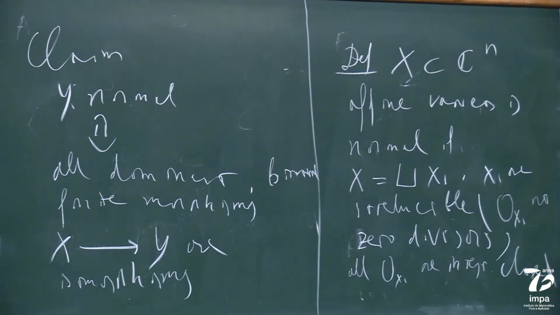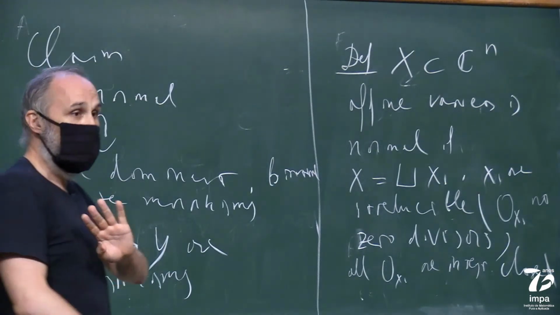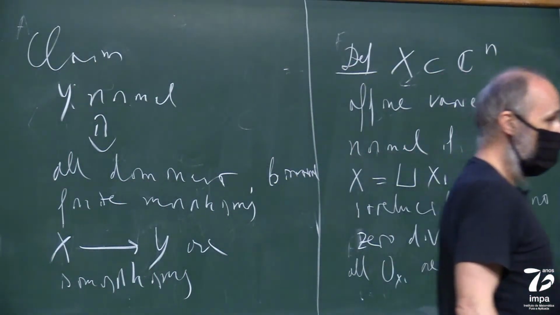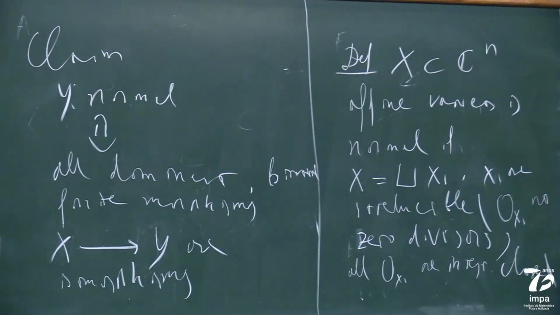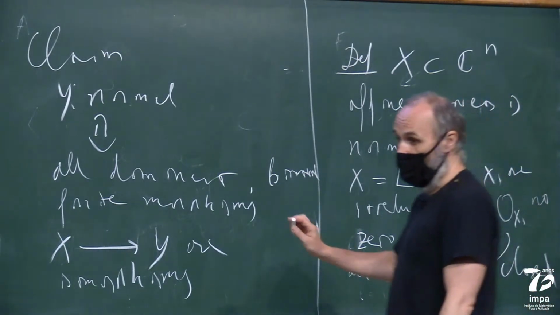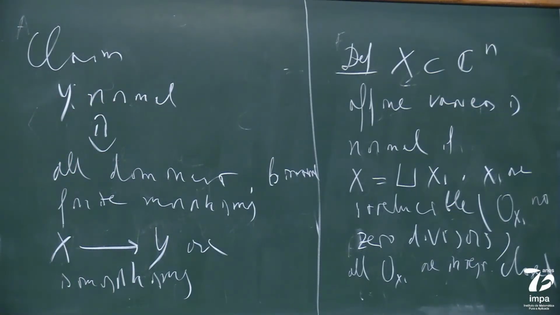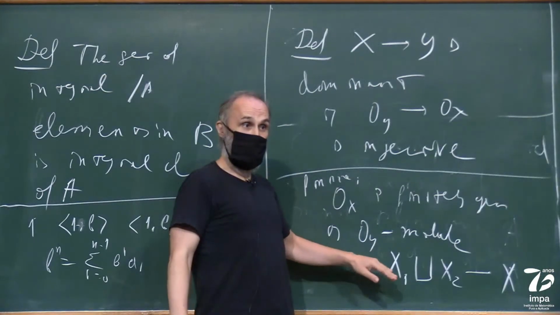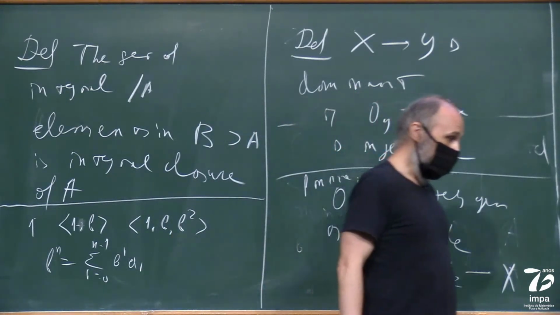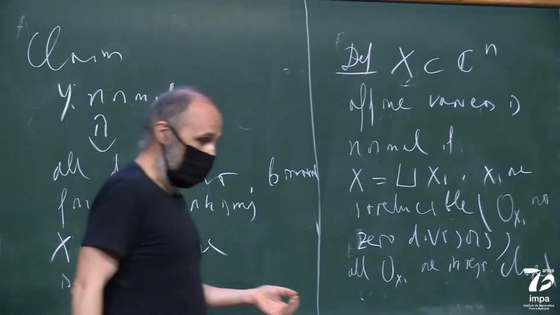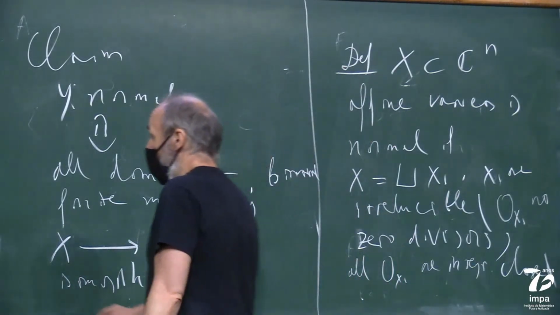Of course, you can do something with non-reduced rings, but this integral closure business has no sense there. In fact, what people do in commutative algebra is just assume your ring has no zero divisors, unlike in algebraic geometry, where it really makes sense and is useful to consider normal things which are not reduced.